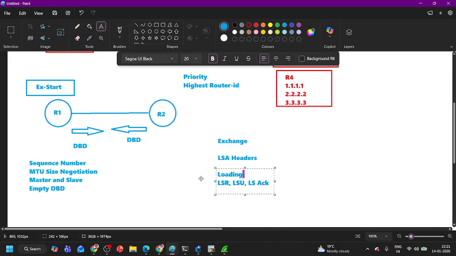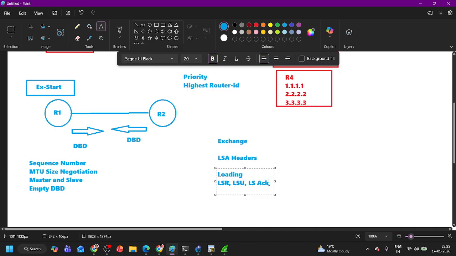You will generally not see neighborship stuck in Loading state, because sometimes it can get stuck because of a hardware issue, right? When routers are not able to exchange the database, or because of a lengthy message size, MTU is less, routers are not processing the OSPF packet properly, there is CRC error, or packet loss. In that case, you will hardly ever see the state stuck in Loading.